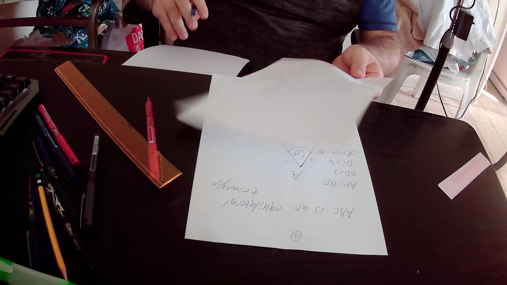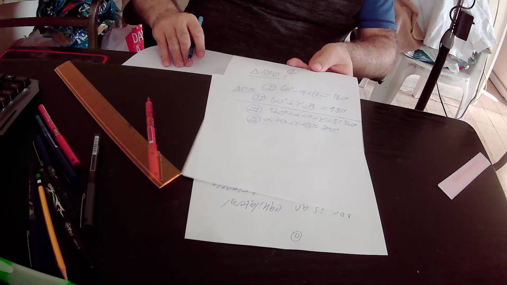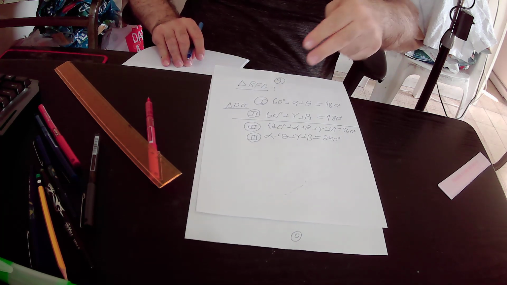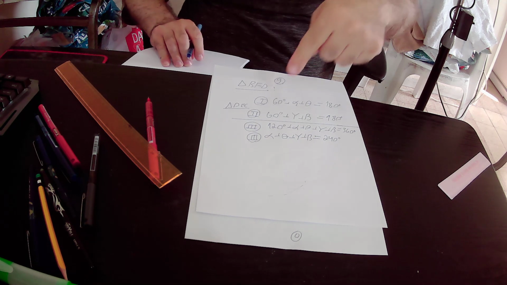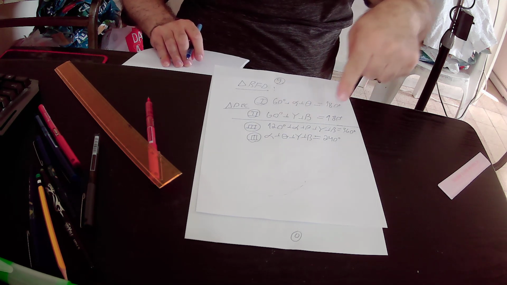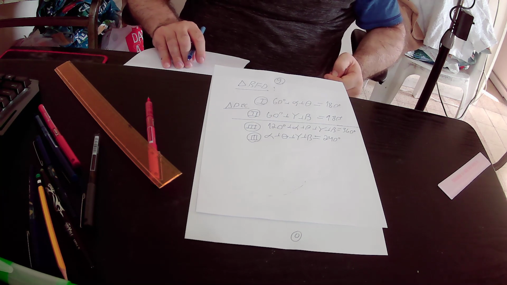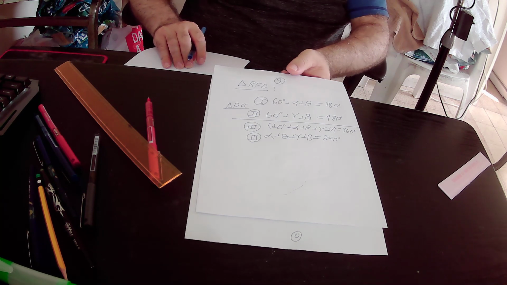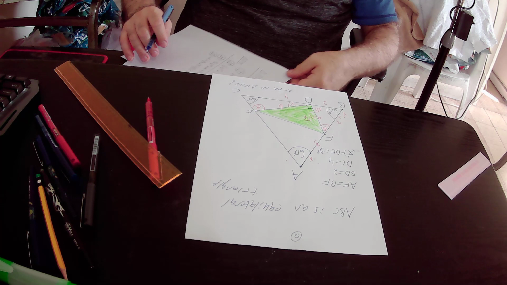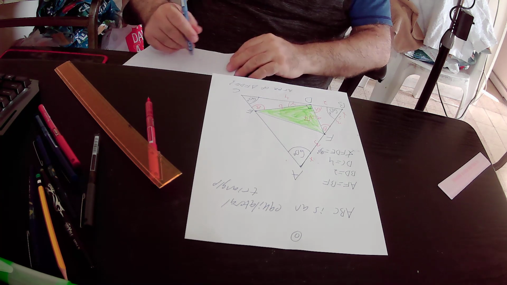So after subtracting, we got that alpha plus theta plus gamma plus beta equals 240 degrees.